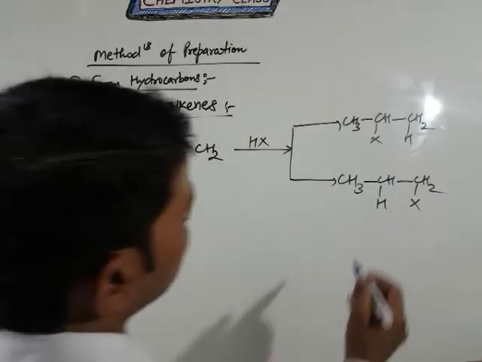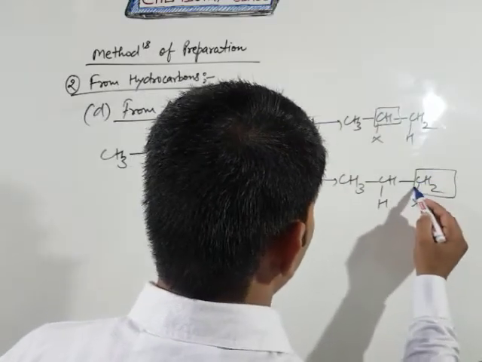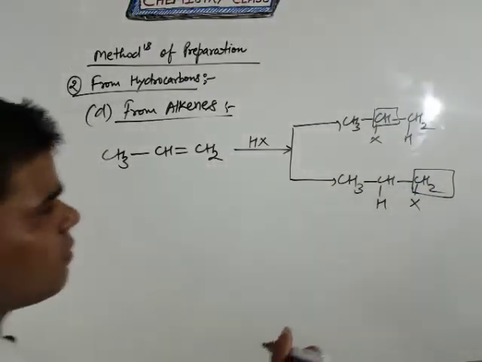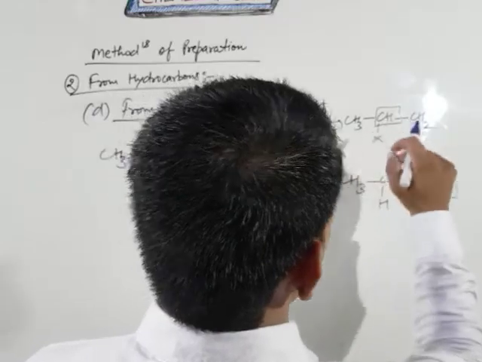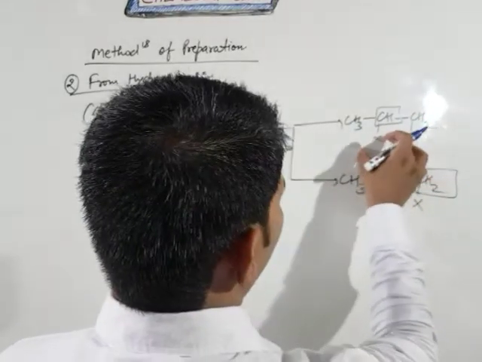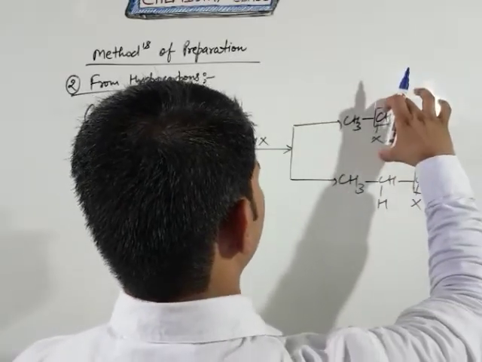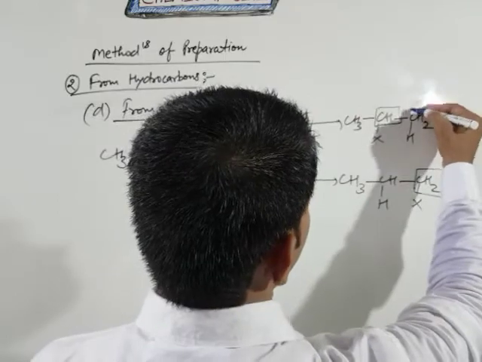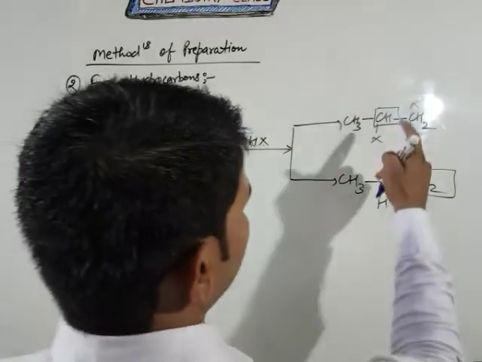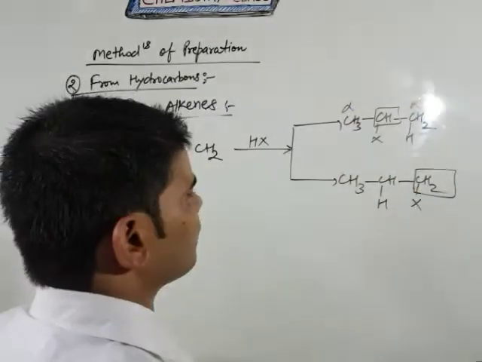So students, which one is major and which one is minor according to the Markovnikov rule? So in this case you can see here the halogen atom on the center carbon atom. So how many alpha hydrogens are there? This is our parent carbon atom, and the next carbon atoms are also considered alpha carbon atoms.